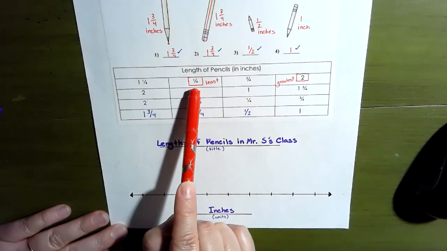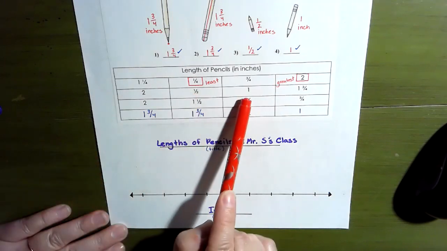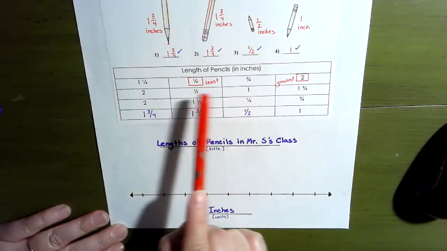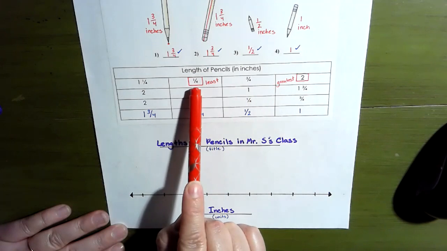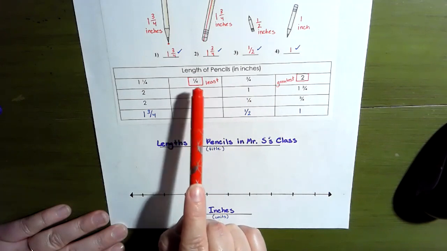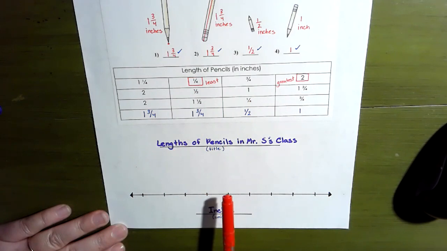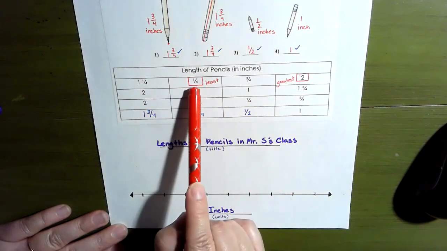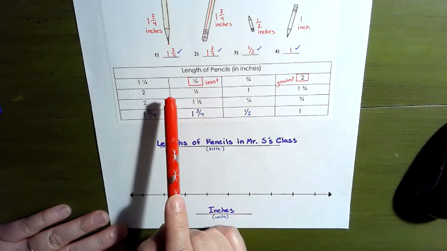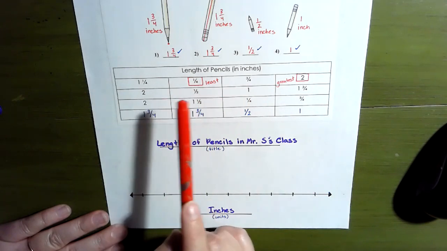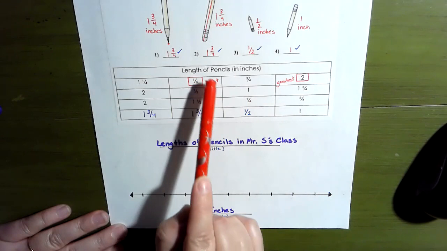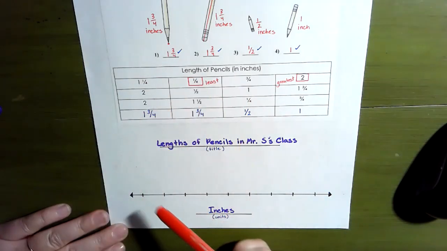Say it out loud. You might have said that 1 is the closest value to 1/4. But if I think about it, I have to count 1/4, 1/2, 3/4, and then get to 1. Or I can go backwards and go 1/4 to 0. It's only one space. So the whole number closest to 1/4 is actually 0.